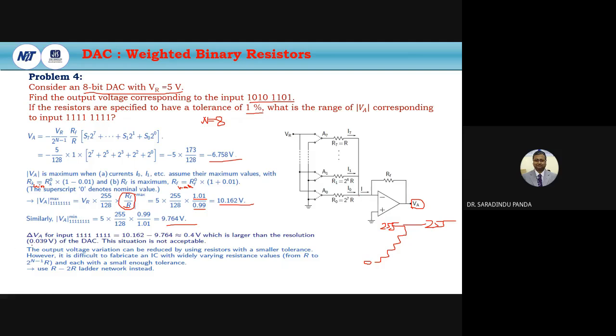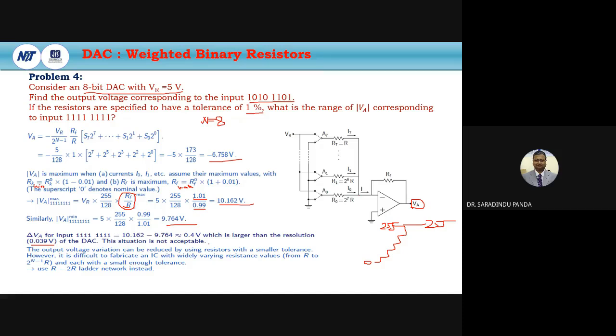So in our designed DAC, the resolution is approximately 0.4 volt. But in practice, it should be 0.039. So 0.4 is higher than 0.039, so it is not acceptable.